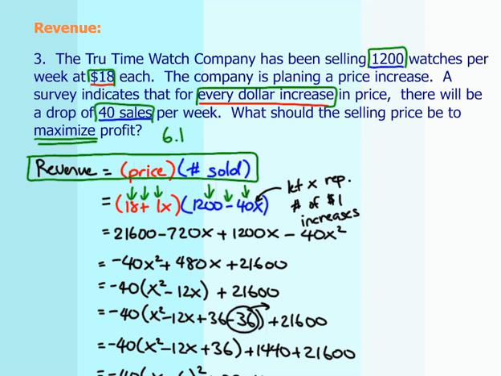Here's the hardest part to understand about the revenue questions. What does X actually mean? So X is the number of loonies you're putting on top of the original $18. Okay, so it's a number of $1 increases. I think you'll understand a little bit more once I get to the end. So again, this has to be in standard form.